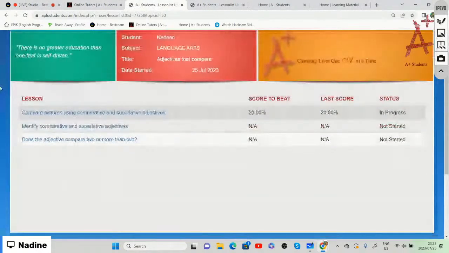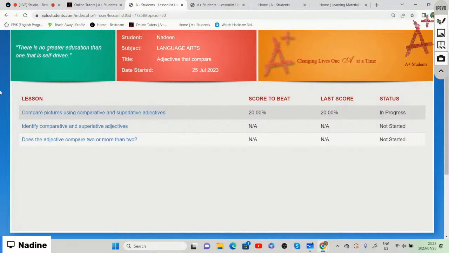All right, so now we basically compared pictures by using comparative and superlative adjectives, right? And we said that a comparative adjective compares two people, places, animals, or things, and it ends in er.